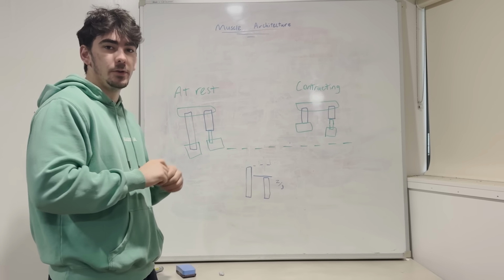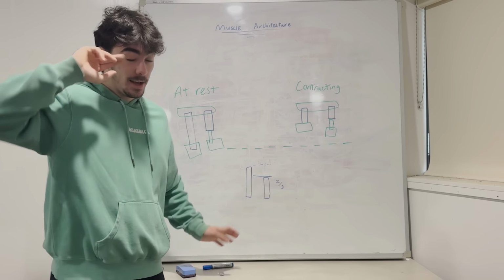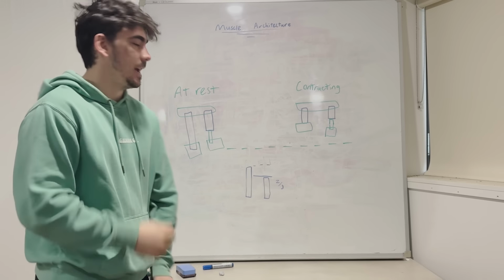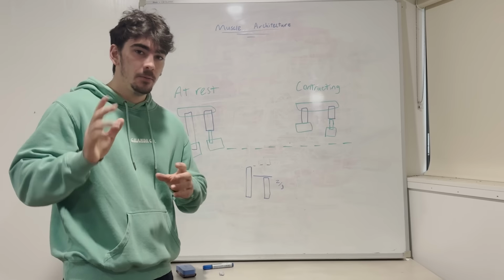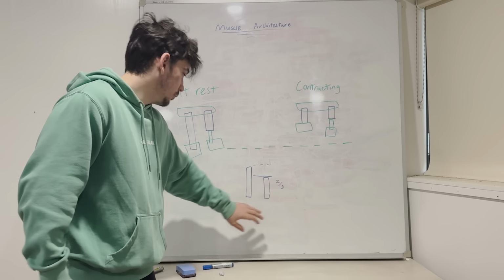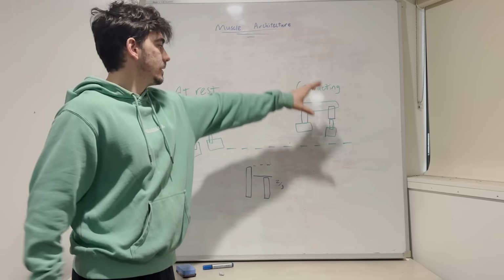All right, I'm just going to give you a quick demonstration of different ways muscles are built up and how they contract before I go into depth about the in-series versus parallel. So down the bottom here, I've drawn a single muscle fiber, and this is going to relate to the diagram I've drawn here.